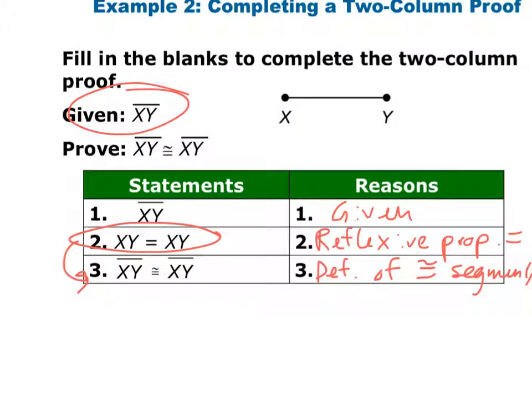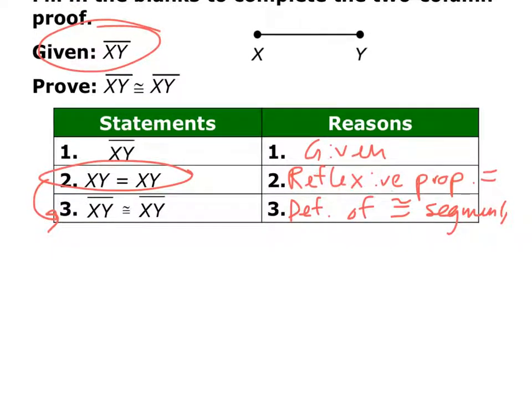If you have 2 segments that are equal, then by definition, the segments are congruent. Remember, when you have equal, it's talking about the number, the length. But when you have congruent, it means that they're the same shape and size.